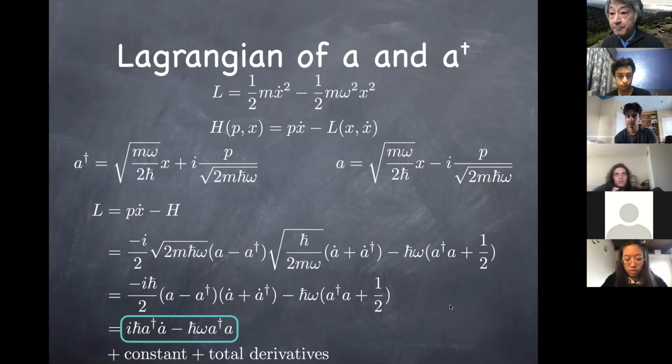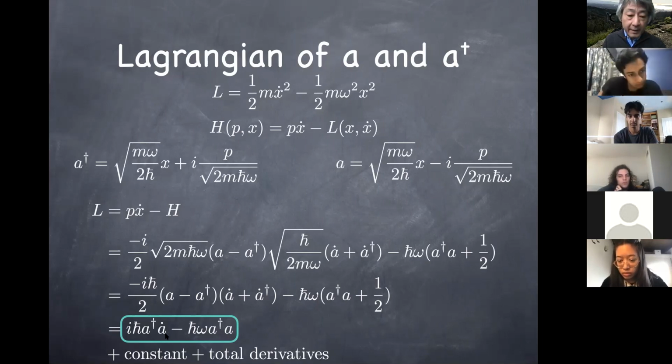Any other questions? Could you go over again how you get the commutator relation when you have an A dot? Right. So we got A to be the coordinate in the Lagrangian. Then the derivative of the Lagrangian with respect to the time derivative of the coordinate is what gives you the canonically conjugate momentum.